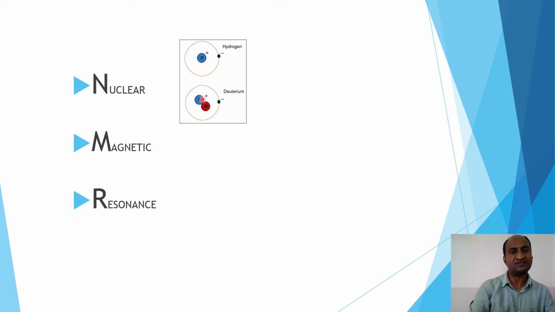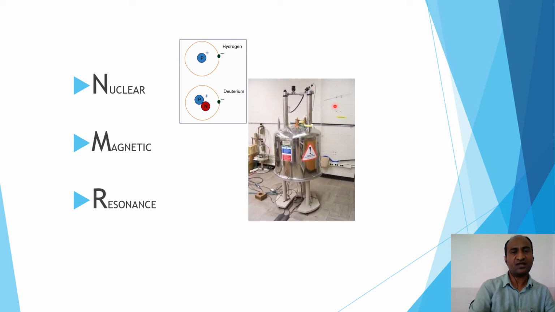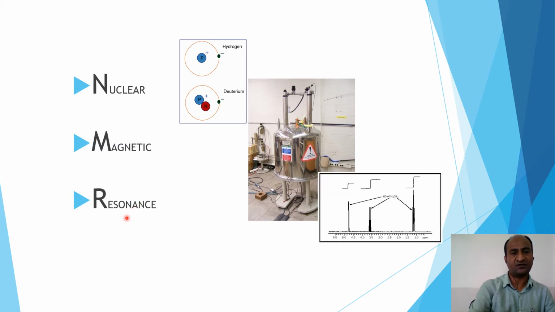That is what nuclear stands for, and magnetic stands for the strong magnet. In NMR we are using a strong magnet. And the third term, resonance, stands for the use of radio frequency that causes a resonance in the protons present inside the nuclei.